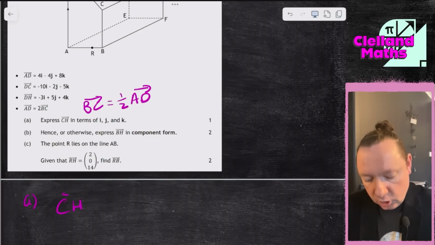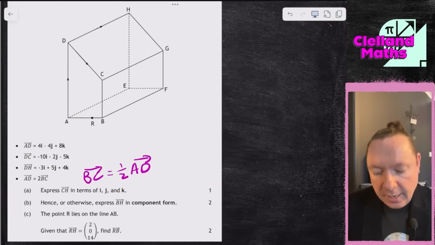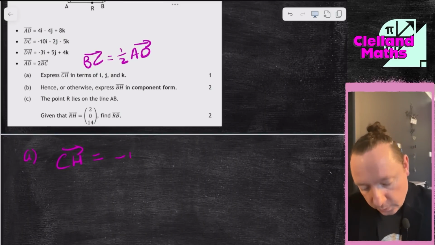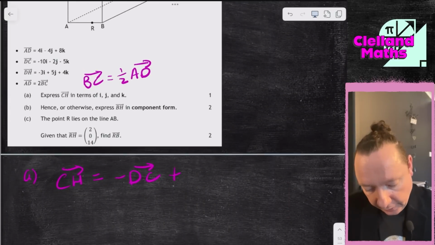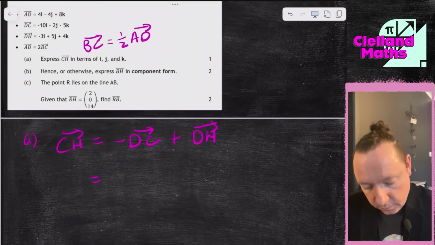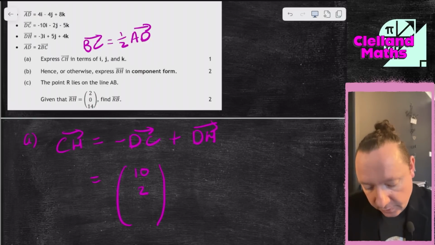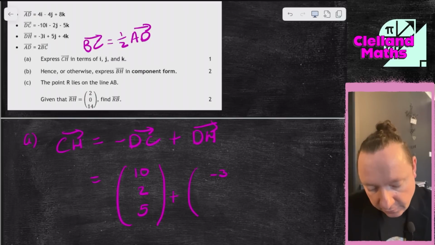So C to H is equal to minus D to C, because we're going in the opposite direction, plus D to H. So that equals, be very careful, D to C is minus 10, so that becomes 10, minus 2, so that becomes 2, and minus 5 becomes 5, plus D to H is minus 3, 5, and 4.